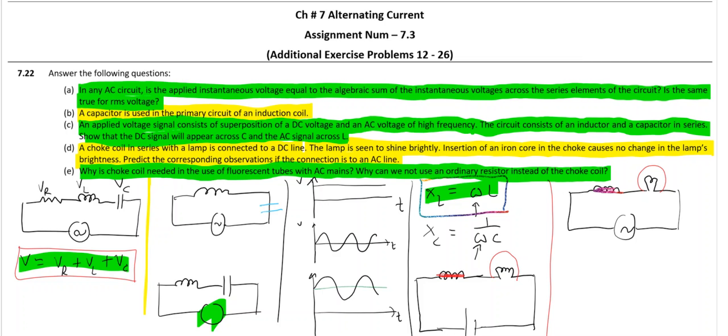We can use an inductor in series with the fluorescent tube, or we can use a resistor. Both can do that job. The only advantage of using choke coil, that is inductor, is that inductors will not waste energy. If you have a resistor connected, the extra voltage will produce heat energy. That energy is lost. Instead, if you use an inductor, the energy will not be lost, and that is the purpose why choke coil is used instead of resistor.